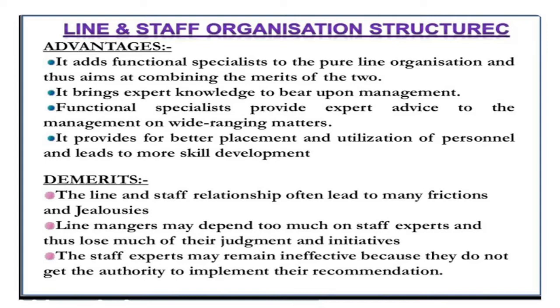The one hospital which specializes in certain categories will appoint one doctor who is an expert in chest, either chest and throat, where the infection is in the chest only. So a chest specialist will be appointed. It brings expert knowledge to bear upon management. Because of this expertise, it will be provided to the management.